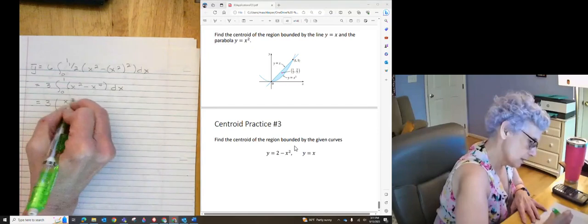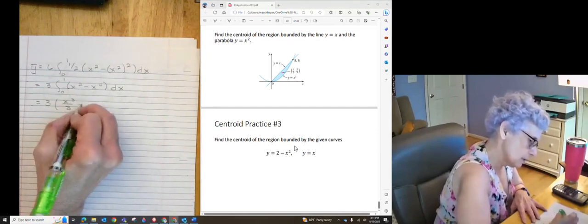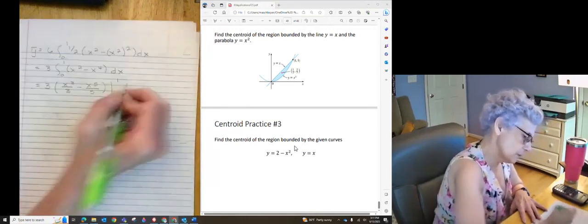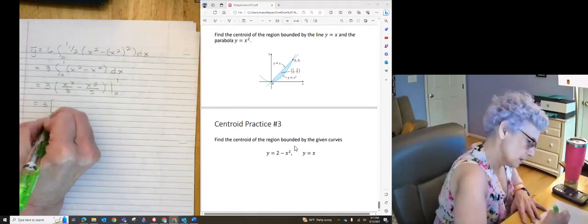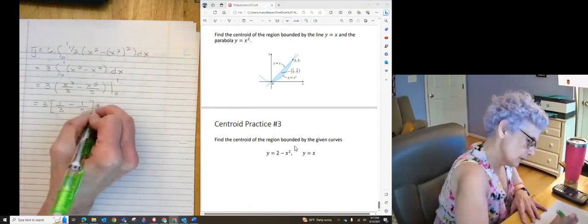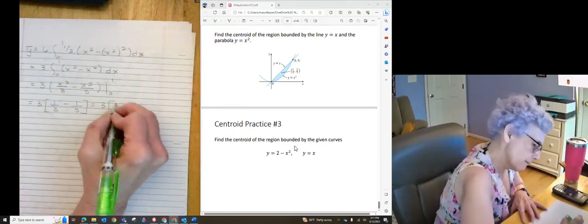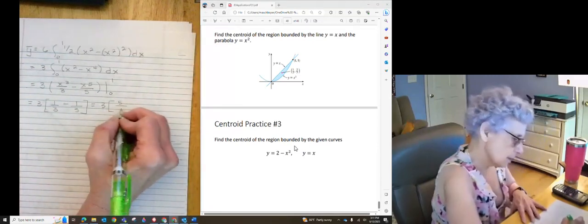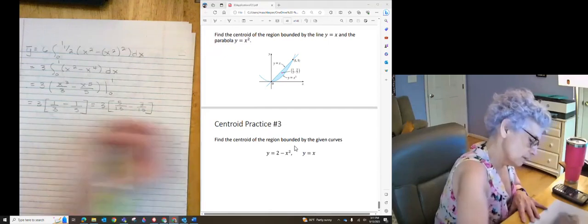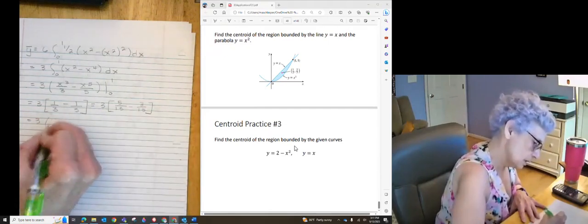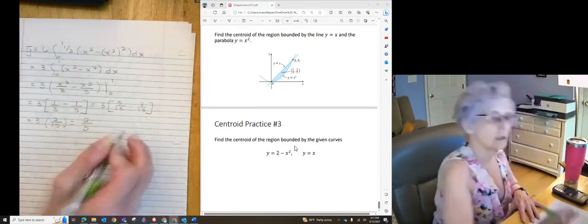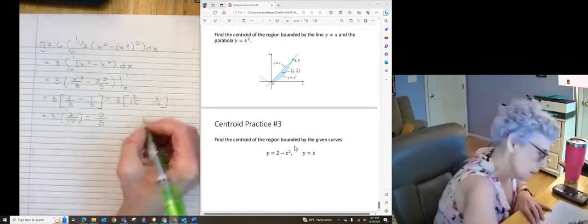So 3 times x cubed over 3 minus x to the 5th over 5 from 0 to 1. 3 times 1/3 minus 1/5. So we have 5 over 15 minus 3 over 15, which gives me 3 times 2 over 15, which is 2 over 5.